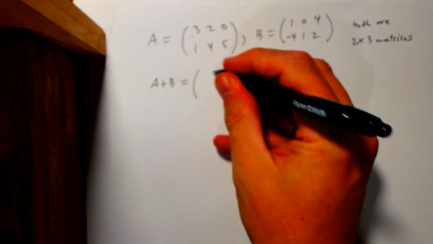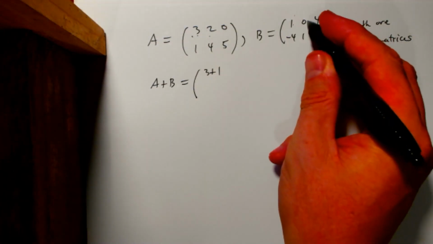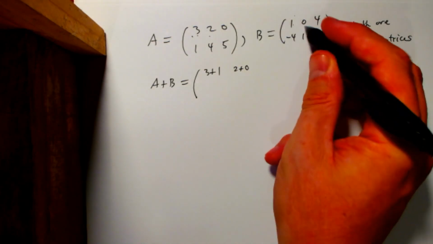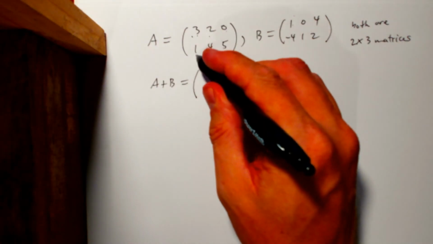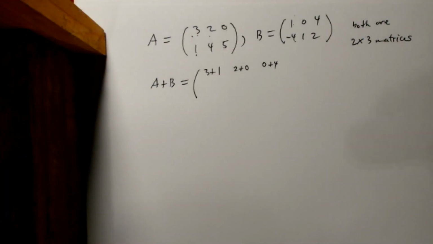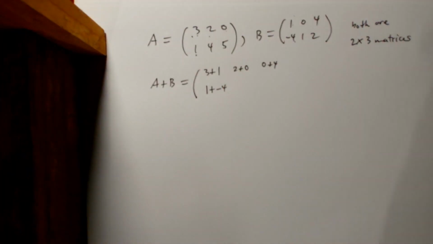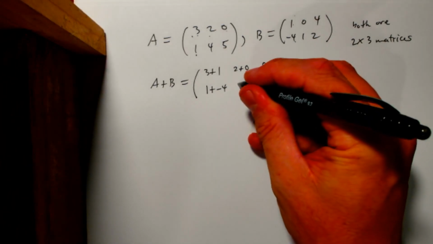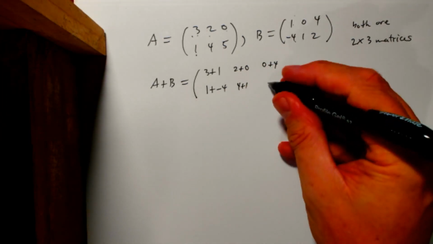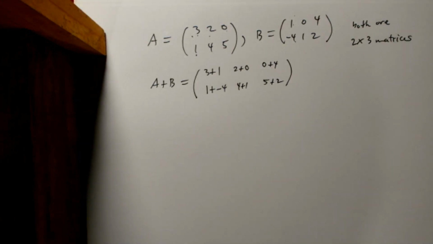So we've got 3 plus 1, then 2 plus 0, and 0 plus 4 for the next entry. Next, the second row: 1 plus minus 4, then 4 plus 1, and finally 5 plus 2.